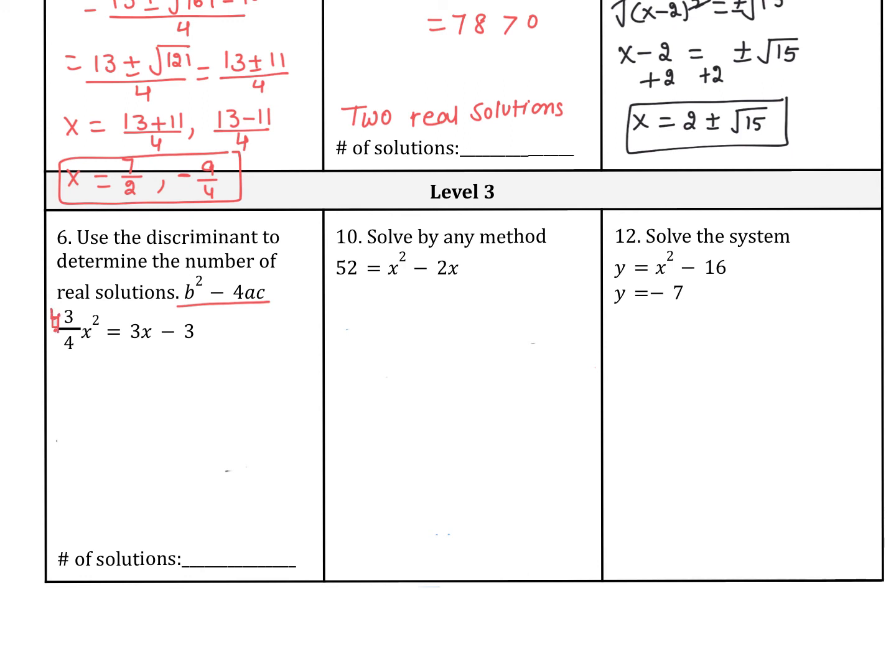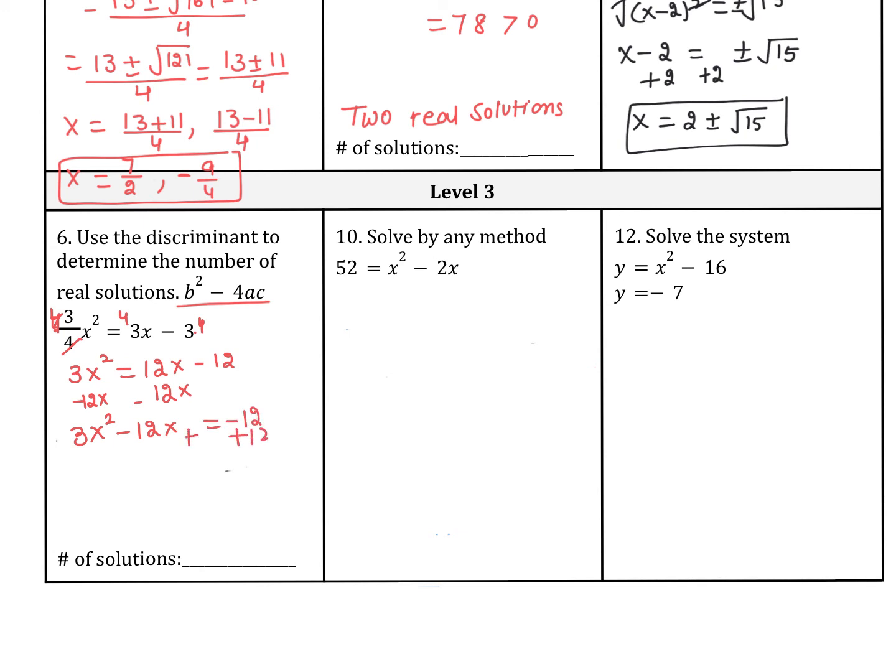So 4, 4, and 4. 4 and 4 cancel. 3x squared equals 12x minus 12. And then you're going to subtract 12x on both sides. 3x squared minus 12x equals negative 12.